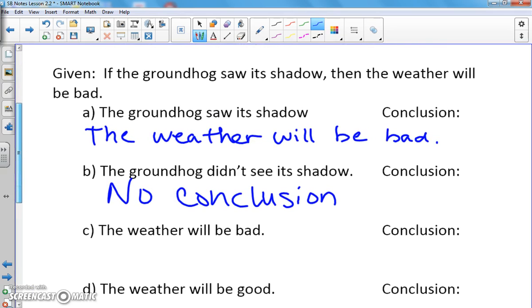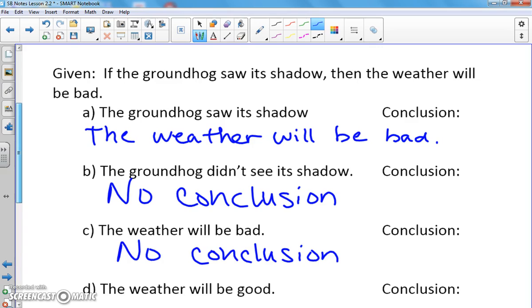If I know that the weather will be bad, there are different reasons that could cause this. One, the groundhog could have seen his shadow, but secondly, maybe it's just stormy. So in this case, again, we can draw no conclusion because there could be another cause to why the weather is bad.